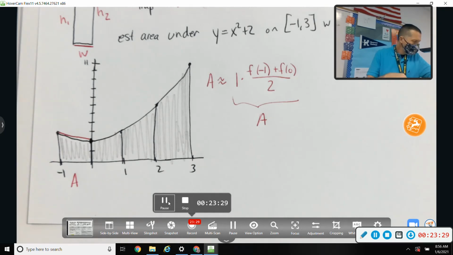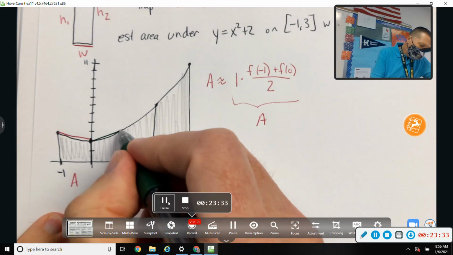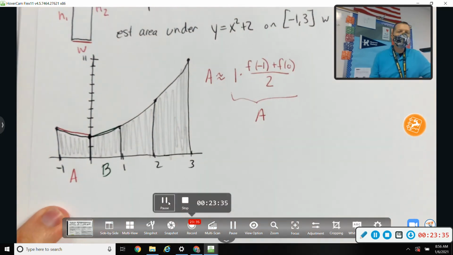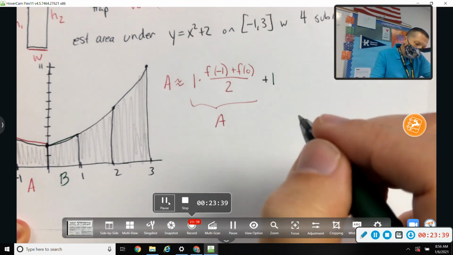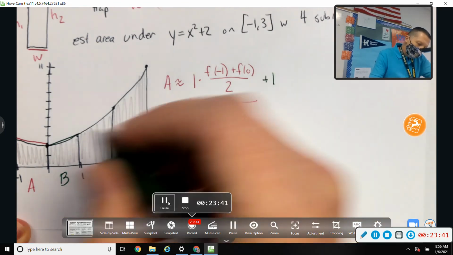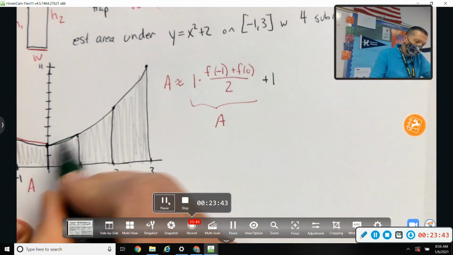Stick with the same color scheme here. The next one we'll go with green, call that trapezoid B. So width is 1, and it's the average of those two heights, f of 0, f of 1.